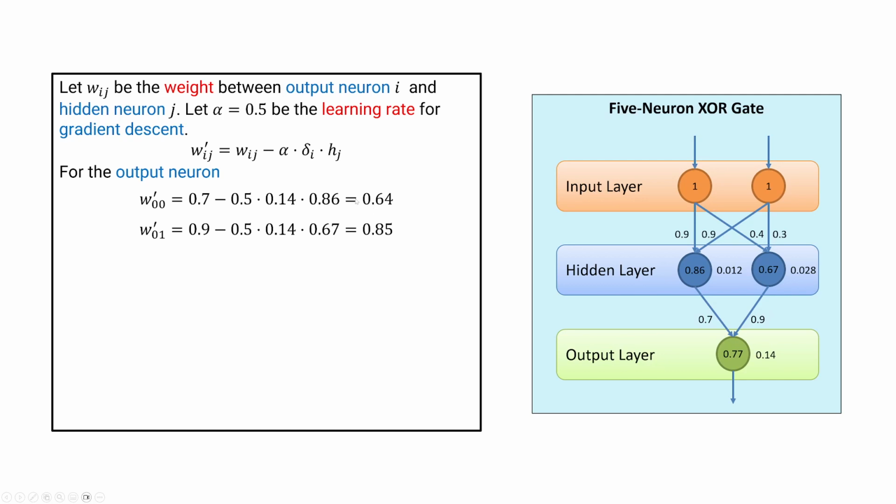So we can indeed see that we did 0.7 and we adjusted it down to 0.64. That's a change of 0.6, whereas the other weight, even though it was a bigger weight, had a smaller contribution thanks to its neuron firing less. It gets a smaller adjustment to its weight, well, 0.5 instead of 0.6.